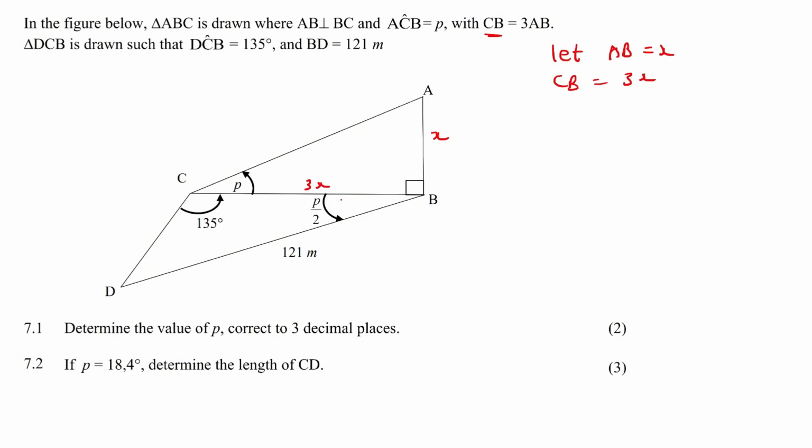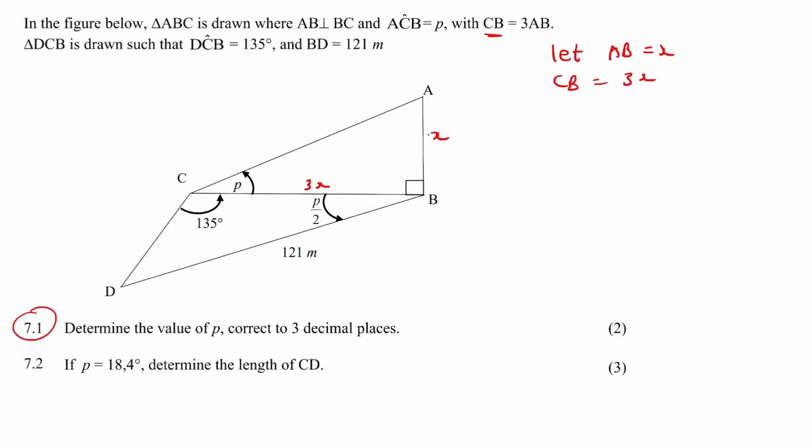P over 2, that is the angle over here. Okay, and then they gave us this angle, and they gave us that length. Okay, so first question for 2 marks. Determine the value of P correct to 3 decimal places.